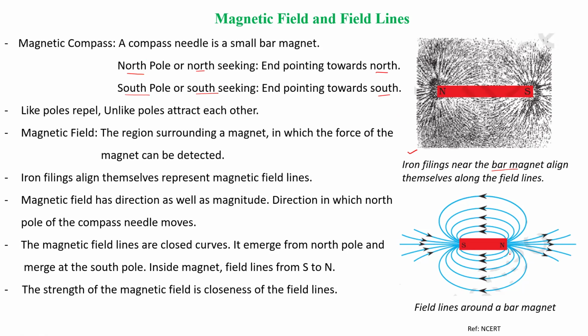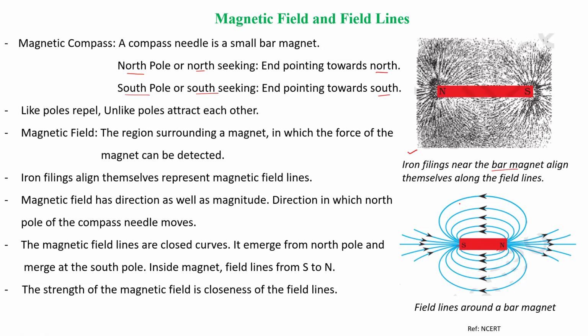What we observe is that magnetic field lines emerge from the north pole and come towards the south pole. So from one end it emerges, and at the other end it merges. Whereas inside the bar magnet, the direction is from south to north.